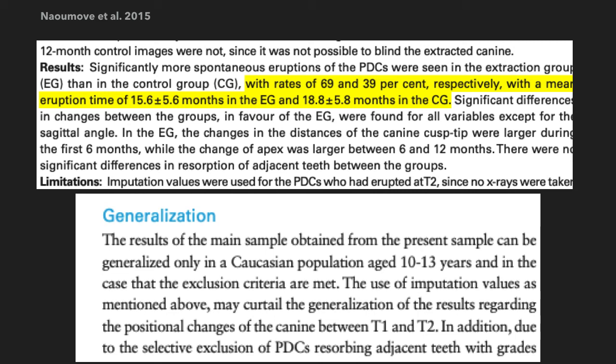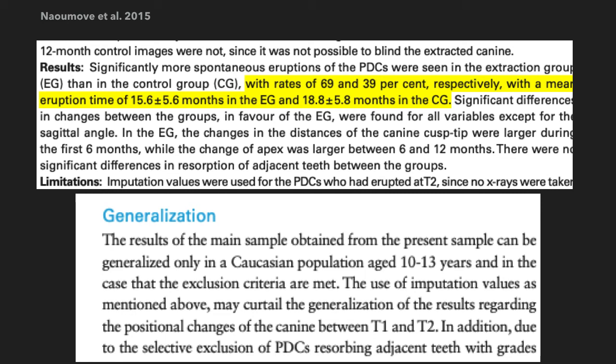That means if I extract the canine for this 13-year-old girl, I should wait between 10 to 20 months without doing anything, just waiting for eruption of the canine.